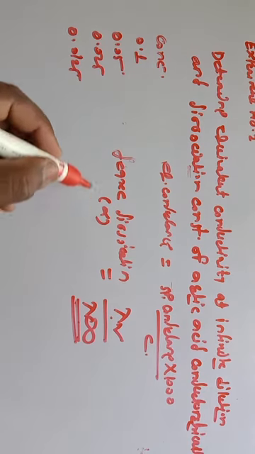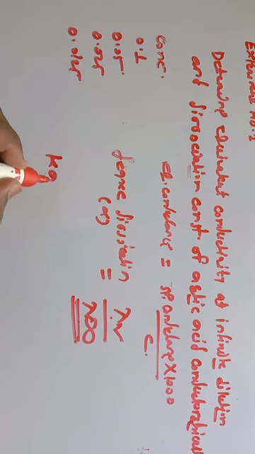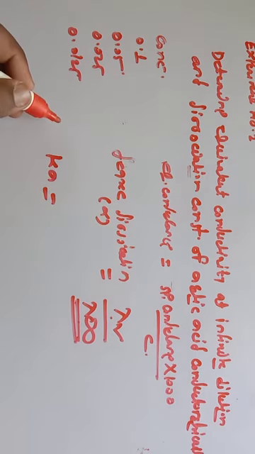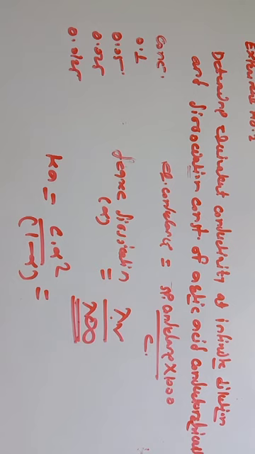Finally you have to find out K for a different concentration, and what is our formula? K equals C into alpha square divided by 1 minus alpha. With the help of this equation we can easily find out the dissociation constant for a weak acid like acetic acid.